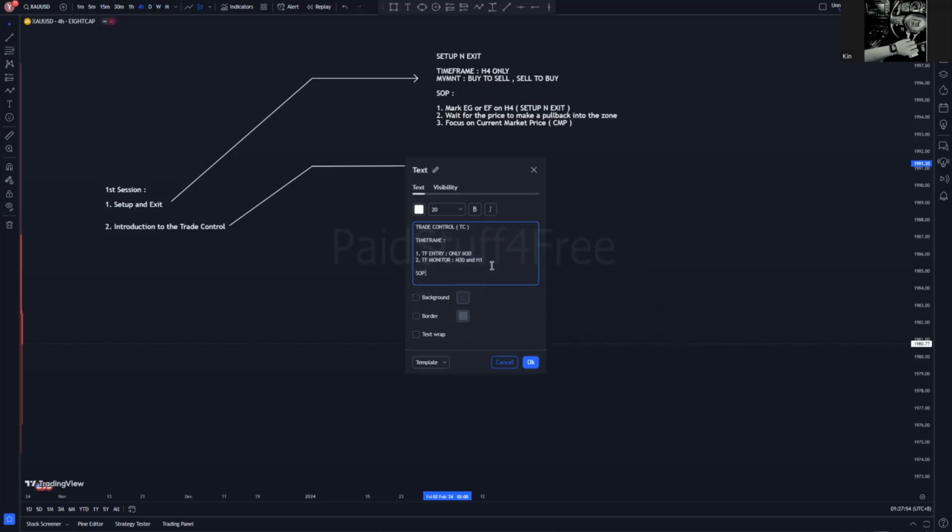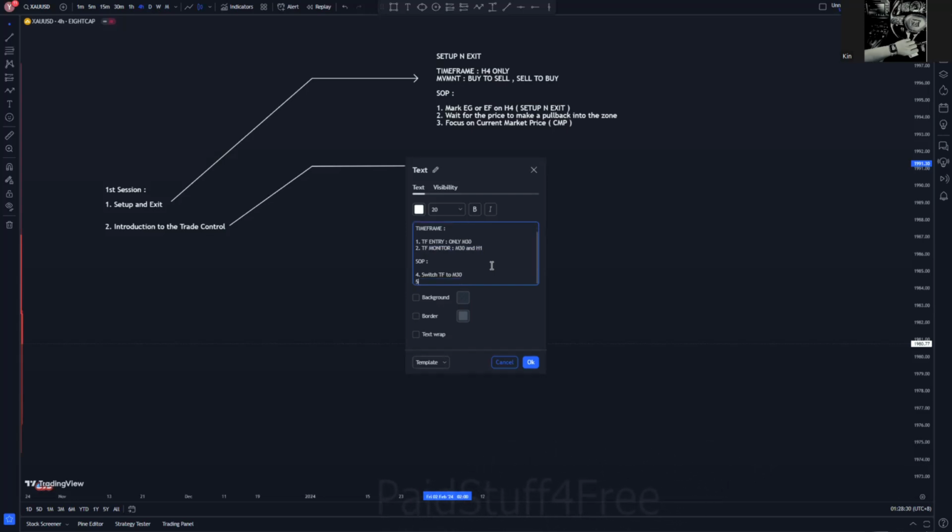After that, we're going to jump into the SOP and continue from just now, starting with number 4. After the price gets to the zone and we focus on the current market price, the next step is to switch the time frame to M30, of course.